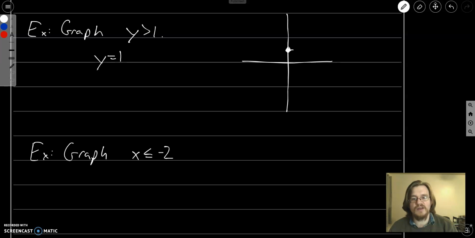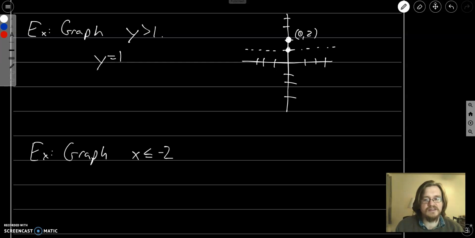This is y is greater than 1, so we use a dashed line. And now we want to see which side of the line we should graph. So let's pick a point up here. Right there, that is 0, 2.